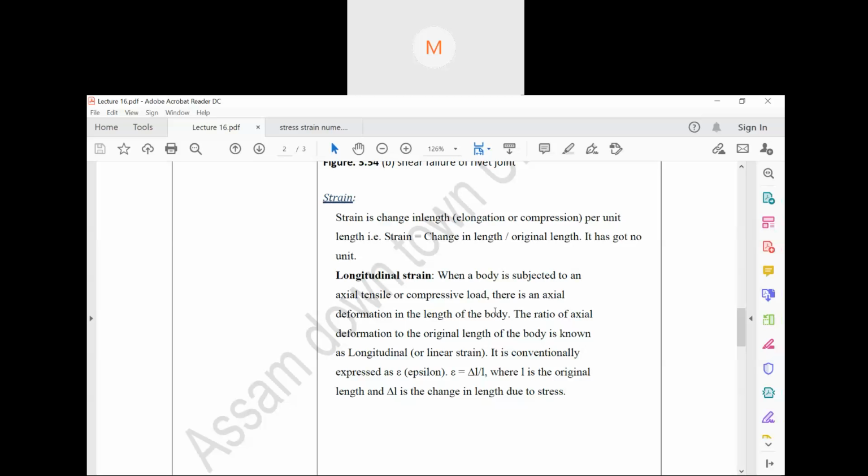Got it? Now, if you try to understand it, the body is subjected to a tensile or compressive load. You have understood beforehand what was tensile and what was compressive. Suppose this is a body.